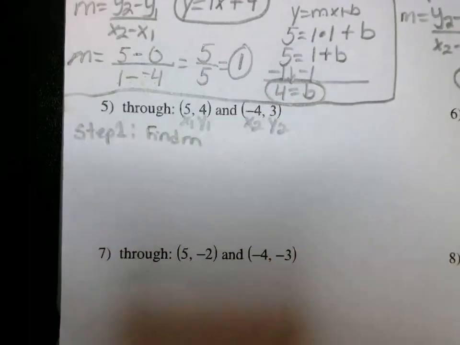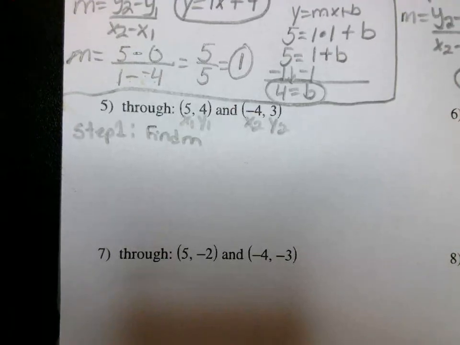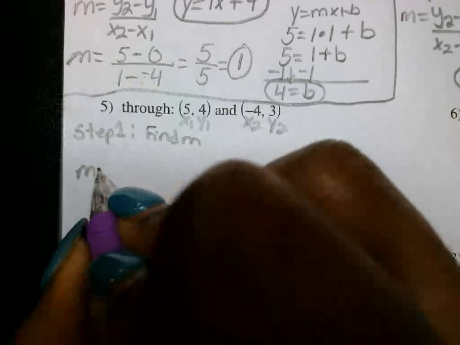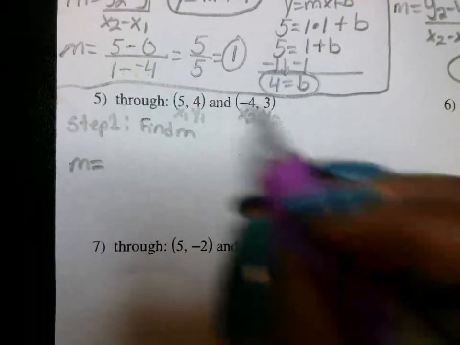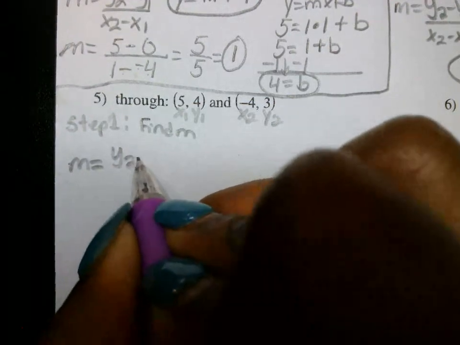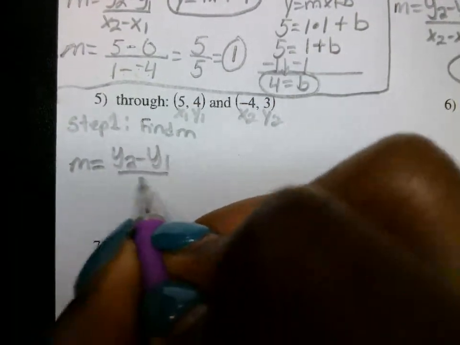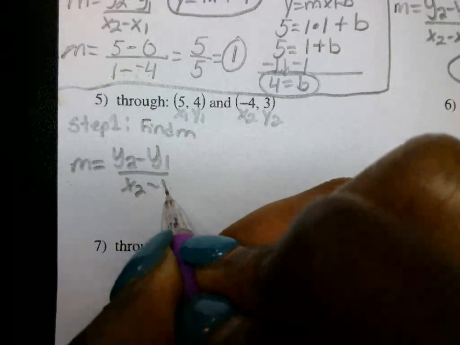Good job. All right. What is the formula for finding the slope? Y2 minus Y1 over X2 minus X1.